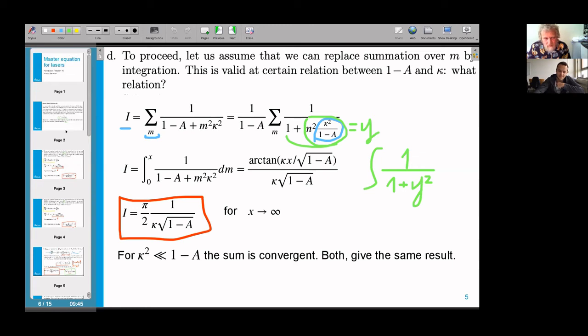Okay, just to answer, but then does it mean that A equals 0 is also close to 1? Yeah, because if I look at this expression and I take A to the left side and kappa squared to the right, then I get that A is way smaller than approximately 1, right?